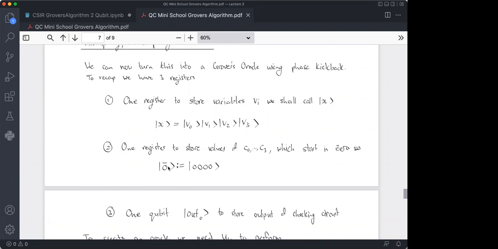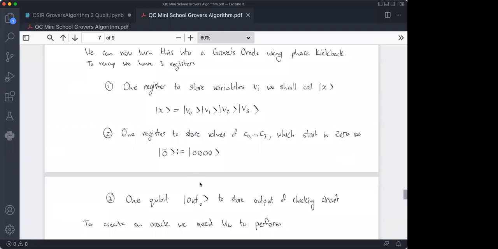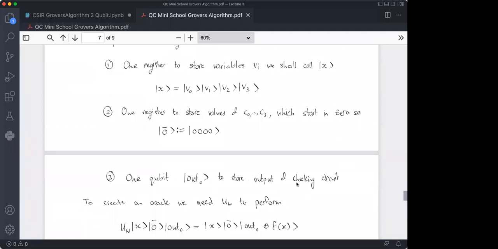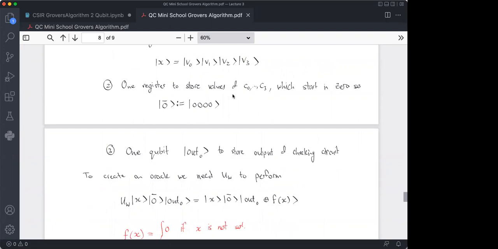We'll represent it using 0 bar, which is defined as the tensor product of 4 kets in state 0. And lastly, we have one qubit called out 0, which stores the output of the checking circuit. So those are the 3 registers that we have so far.